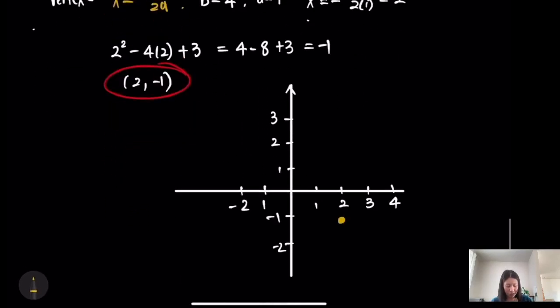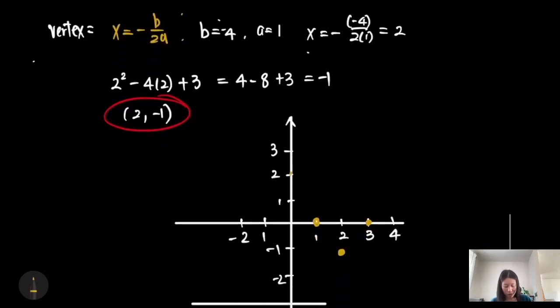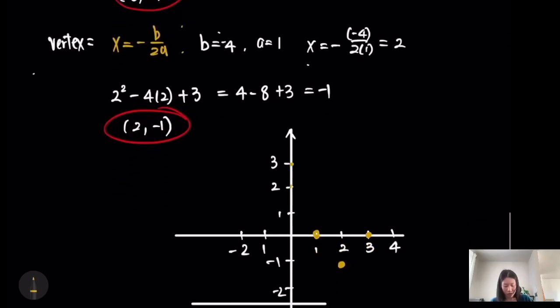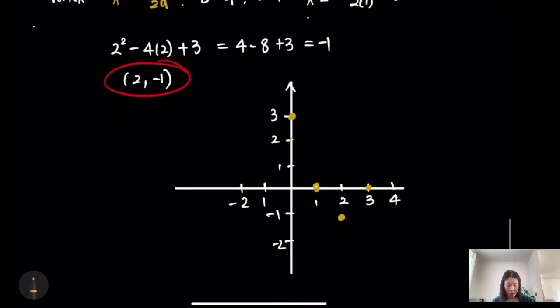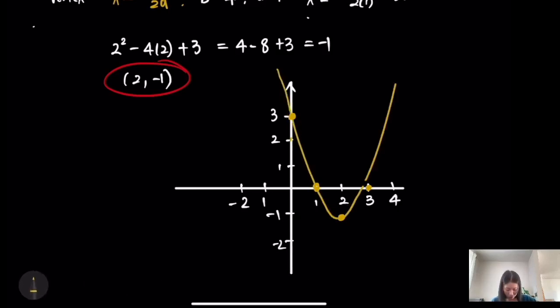The x-intercepts are 3 and 1. The y-intercept is (0, 3). And then we know the function is open up. This is the graph of a quadratic function. Let me draw a nicer one.